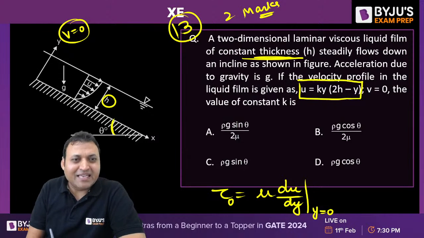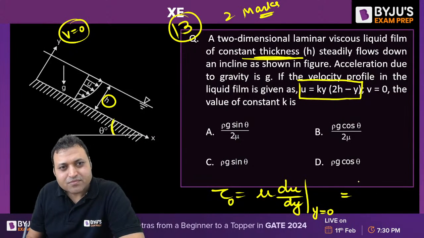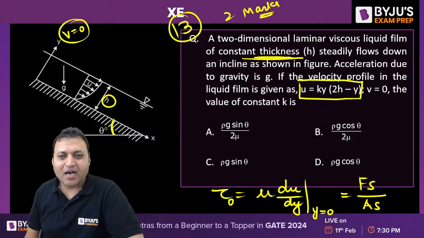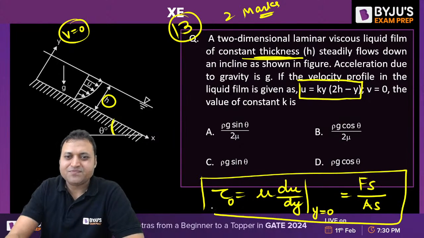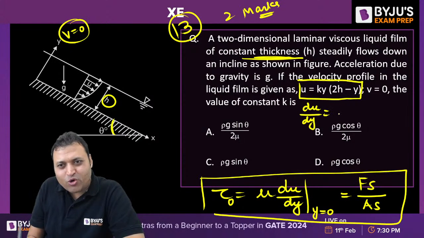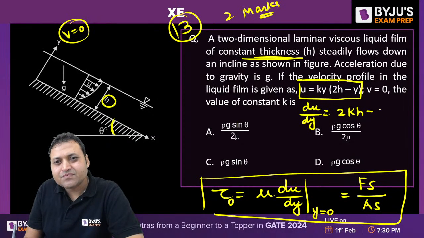Can we write the surface shear stress as the shear force upon shear area, isn't it? So this is Newton's law of viscosity. So what is du by dy? If we find du by dy, then it will be 2kh minus 2ky.